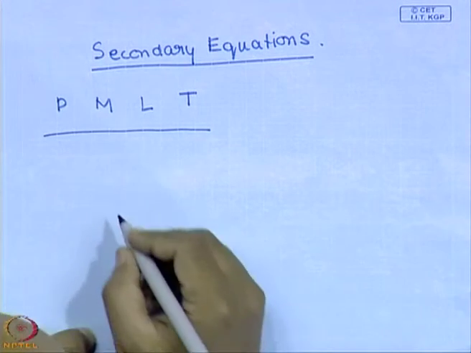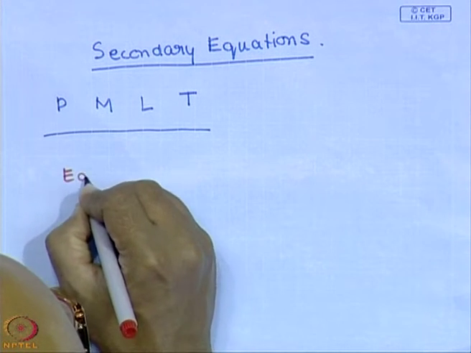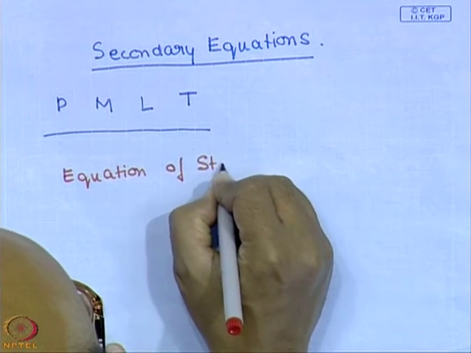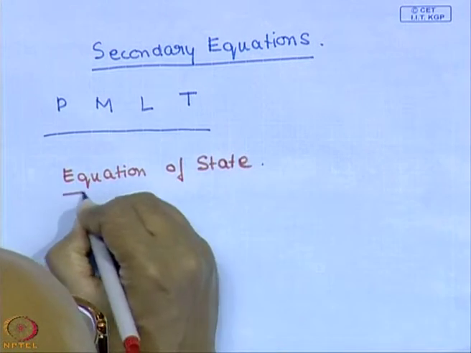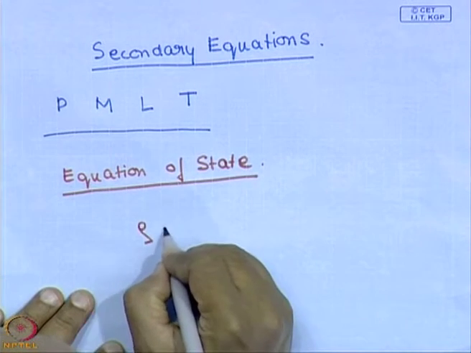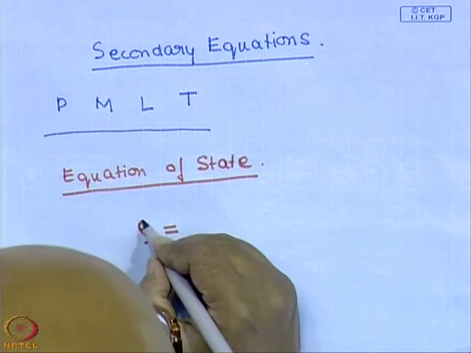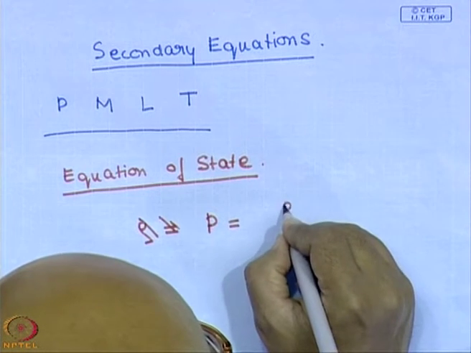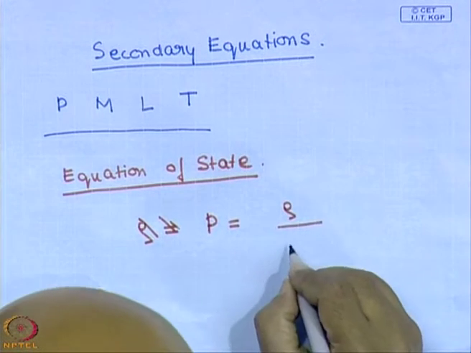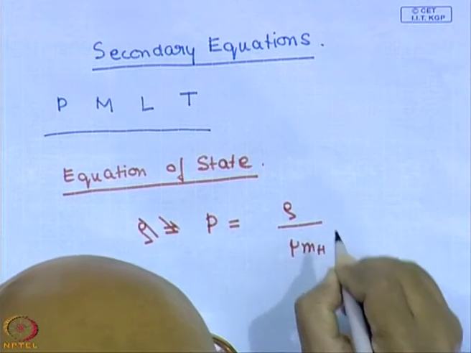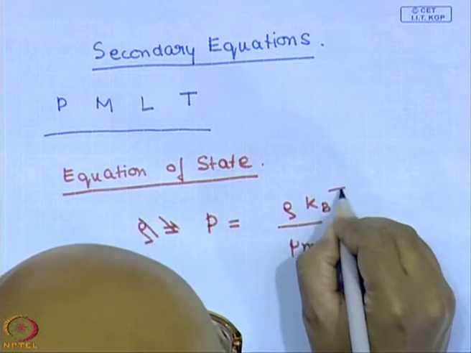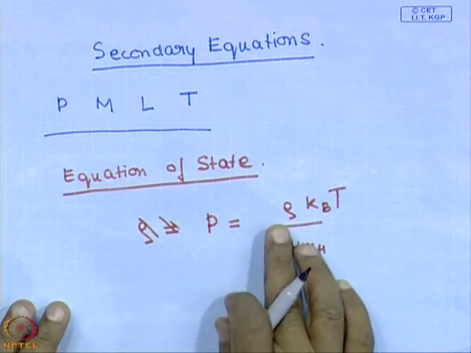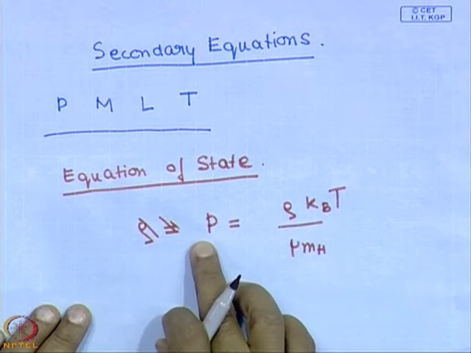The equation of state, I just wrote it down, it is P is equal to rho by mu m_H k_B T. You have to use this, right. So, if you use this, then the density is no longer an independent quantity, it depends on the pressure and the temperature.